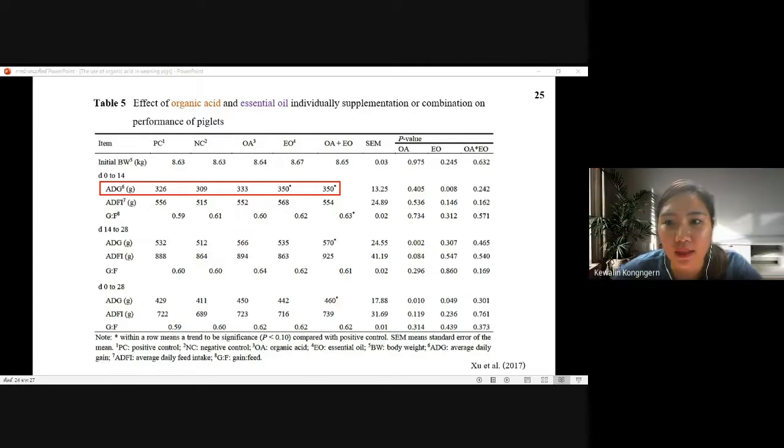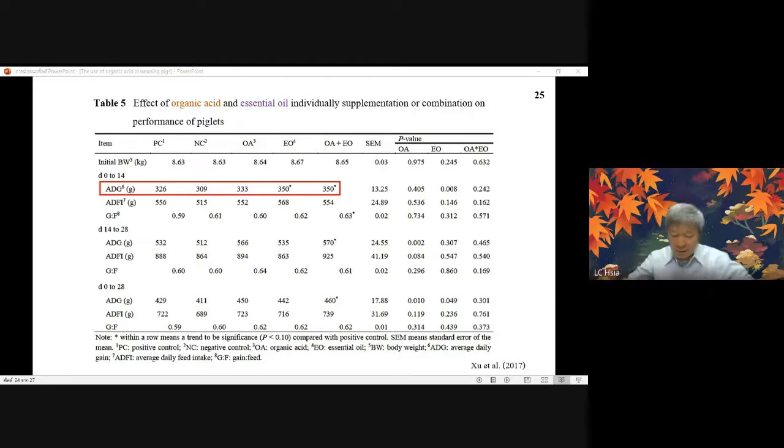It makes the feed additive go to the intestine without being digested before. Yes, you're right. Coating is to protect the acid.